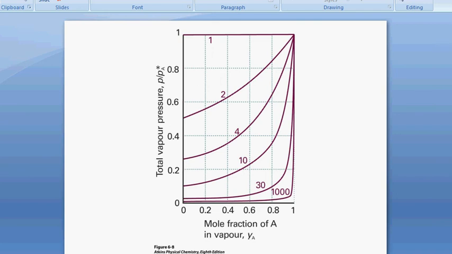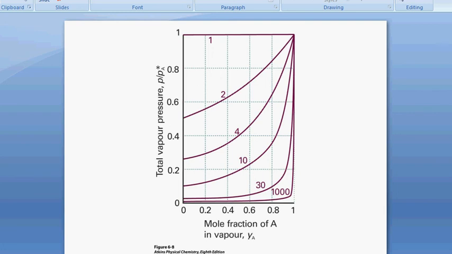Let's say PB star is not volatile at all, then all we'll have is PA star. Fine.